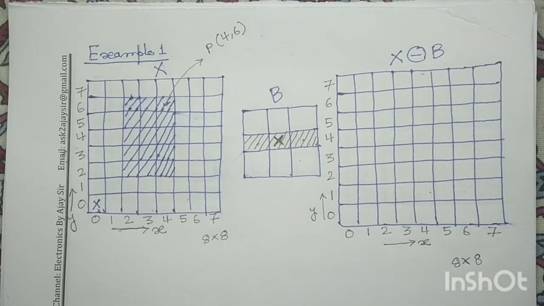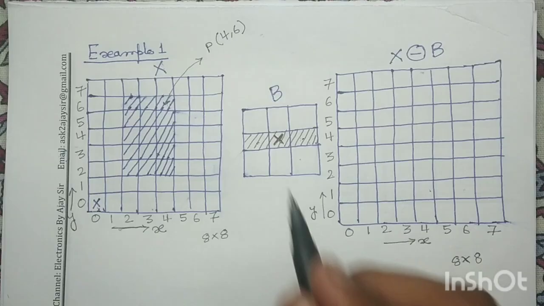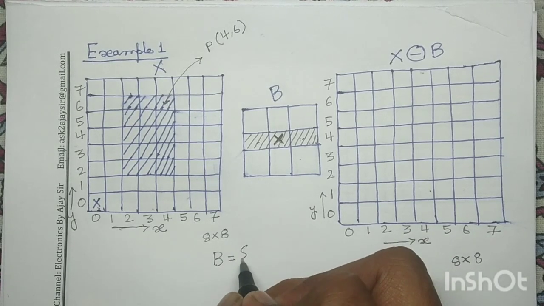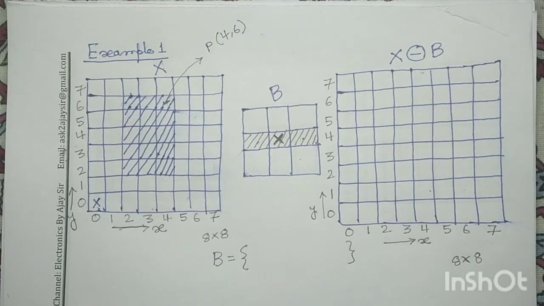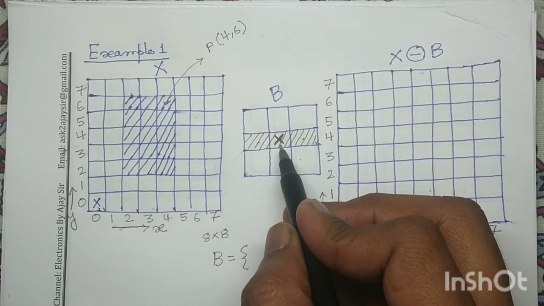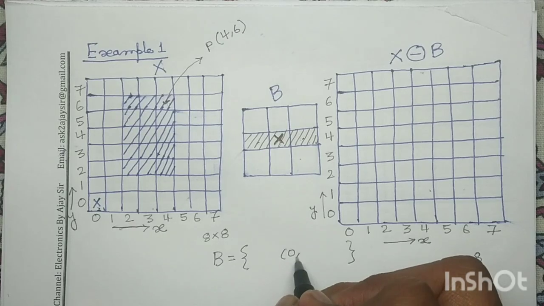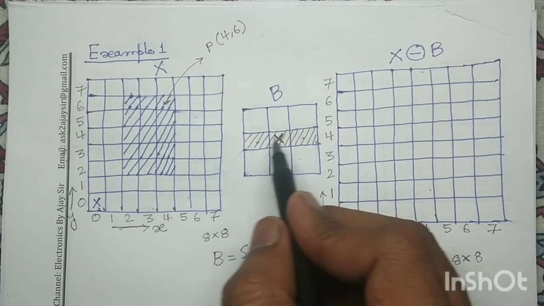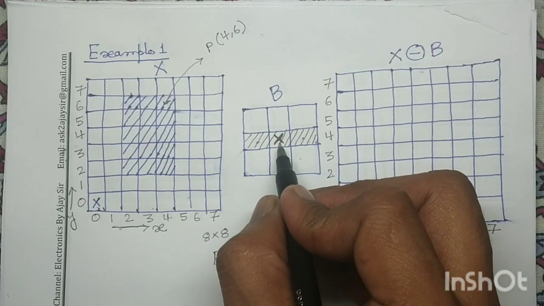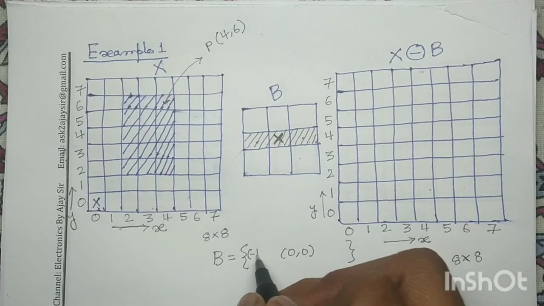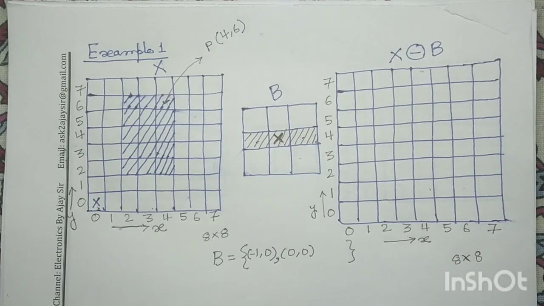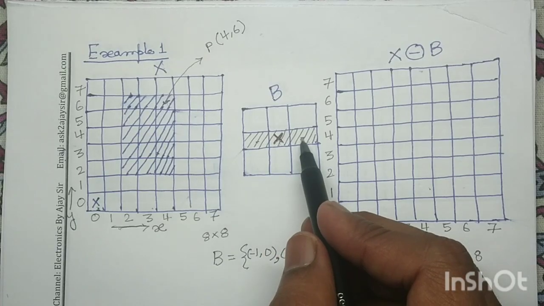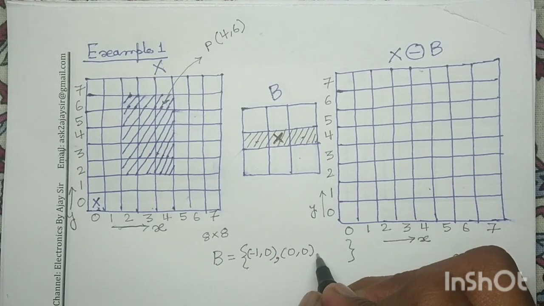Now we will write the set for the structuring element B. It consists of 3 pixels. First, the center pixel, which is 0, 0. The pixel to the left of the center pixel, if the center is 0, 0, would be -1, 0, and the right side pixel has the coordinate 1, 0.